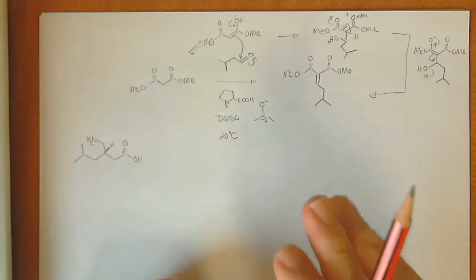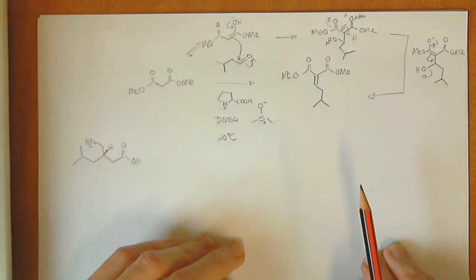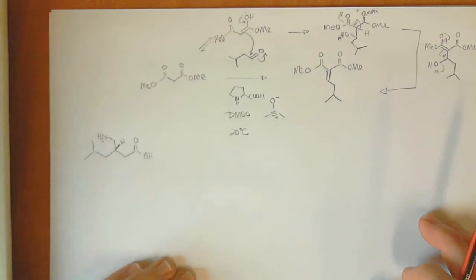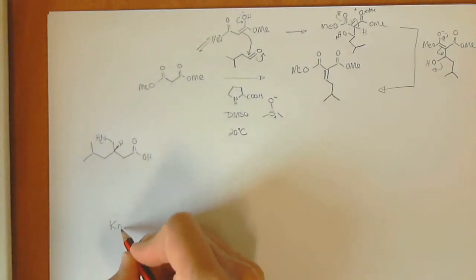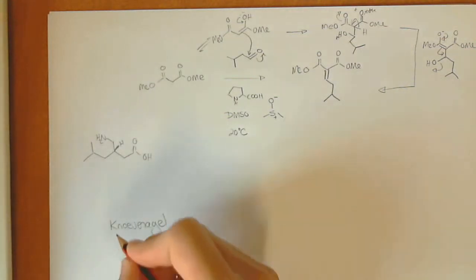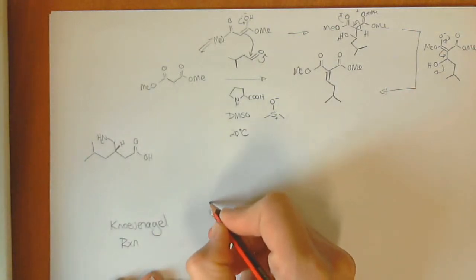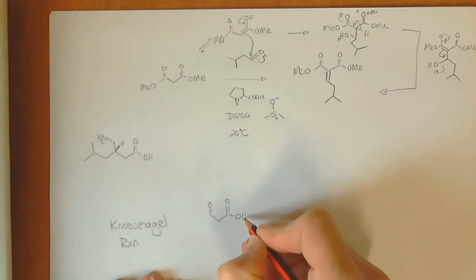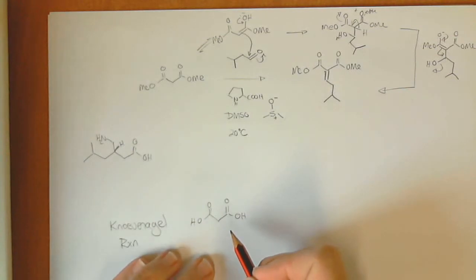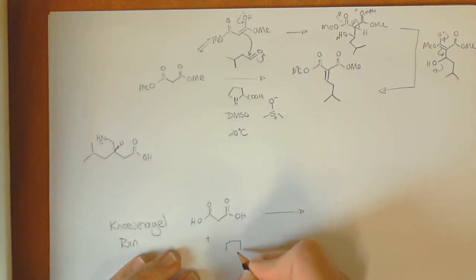In some cases, you just need a very weak acid or a very weak base just to get the reaction to go. And in fact, there's another reaction which is almost identical to this, but it actually has a name. It's called the Knoevenagel reaction. I'm going to probably misspell it over here. Knoevenagel reaction, and what is going on is the reaction of a malonic acid, not the ester, with the aldehyde that we're going to use, this one.